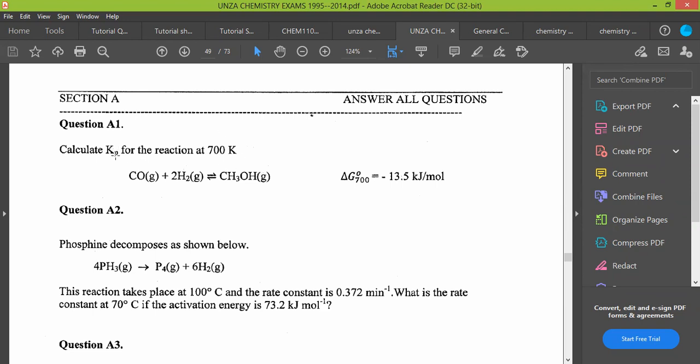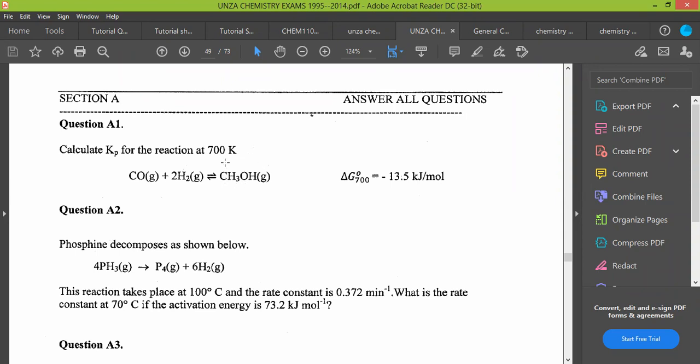The Kc-Kp relationship is Kp equals Kc (RT) raised to the power delta n. Delta n is the coefficients of the products minus the coefficients of the reactants.